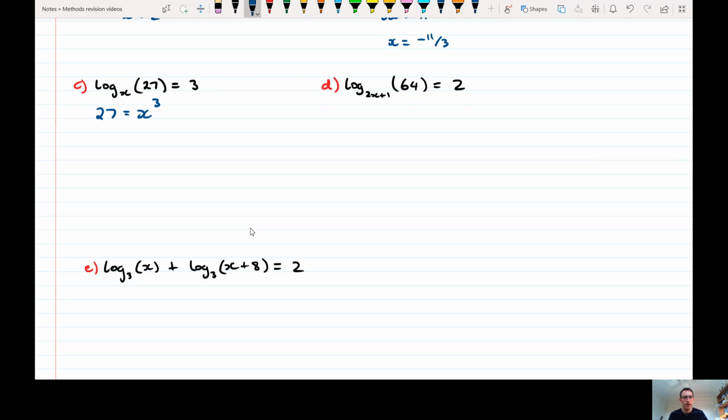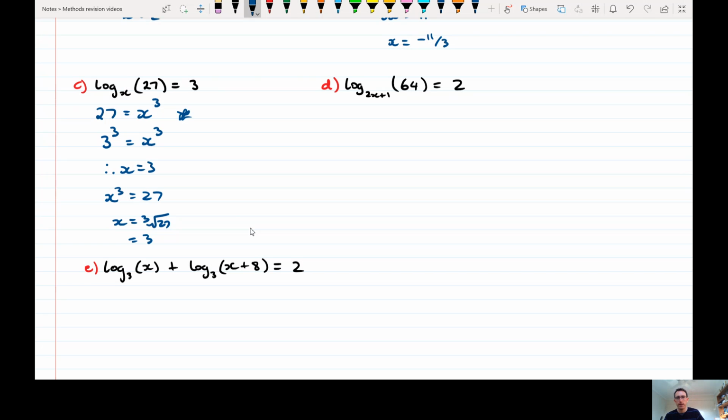We have 27 written as 3 cubed, and we have x cubed on the right-hand side, which means x must be 3. The other way, of course, if you have x cubed equals 27, you just find the cube root of 27, which we know is 3. So both of those methods from this point will be fine. It's just getting rid of that log.